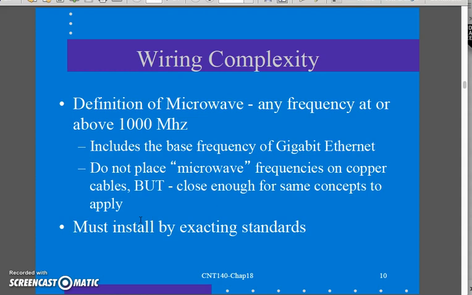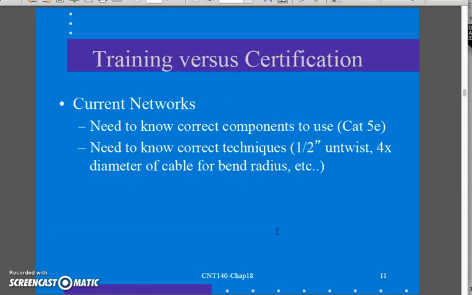So we are dealing with substantial RF signals here on our cabling, and therefore we have to install all of our cabling to exacting standards. That's why the standards are there, so that what we're installing should work. So as we look at current networks, we need to know the correct components to use, category 5E, those sorts of things. We need to know the correct techniques, half-inch untwist for our terminations, 4 times the cable diameter for the bend radius, pulling tension, distance away from power cords.